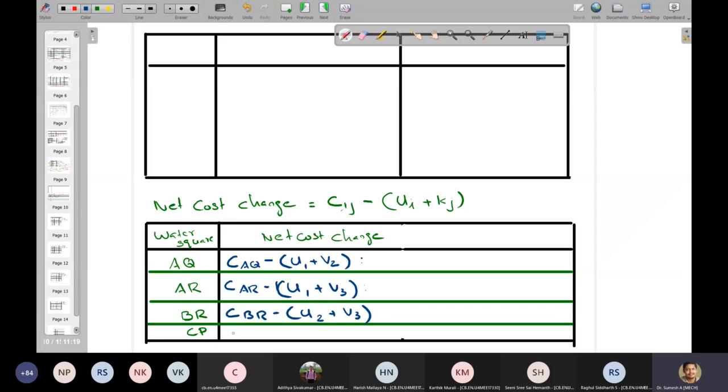These values you have to calculate from the stone squares.